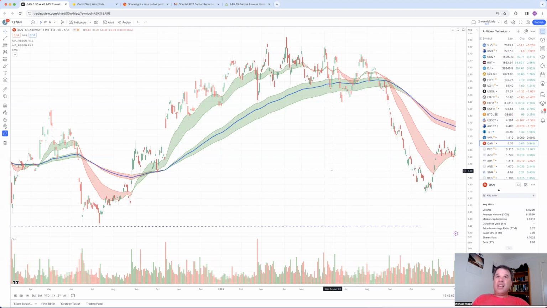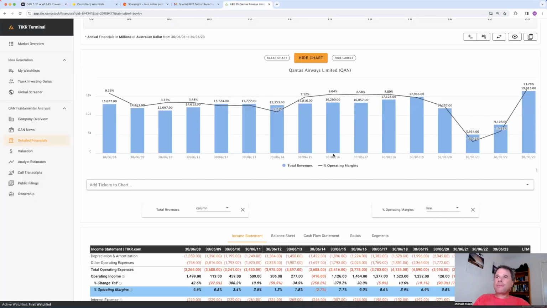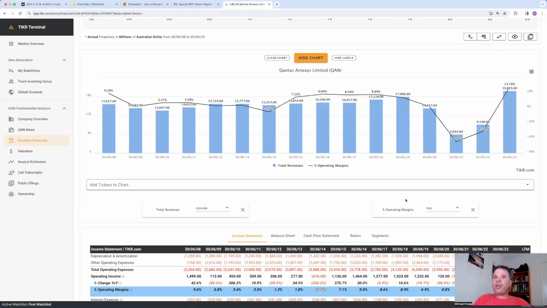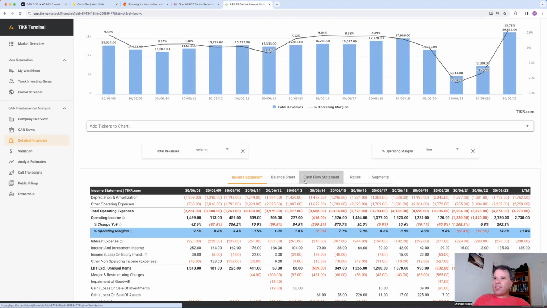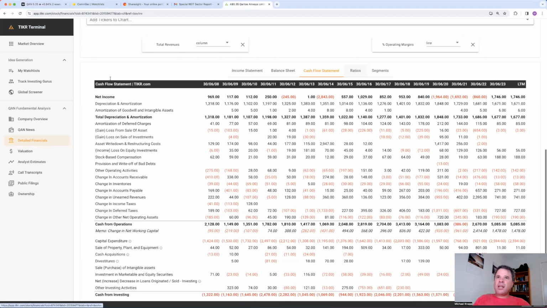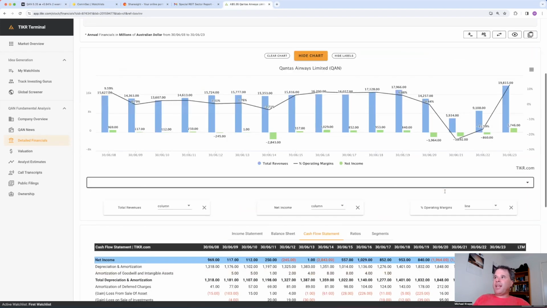And I already know this company needs to do a significant capital expenditure program to renew their fleet. And maybe I should wait to the standalone video on Qantas to do this. But I had a look at this company's revenue, margins, and profit.